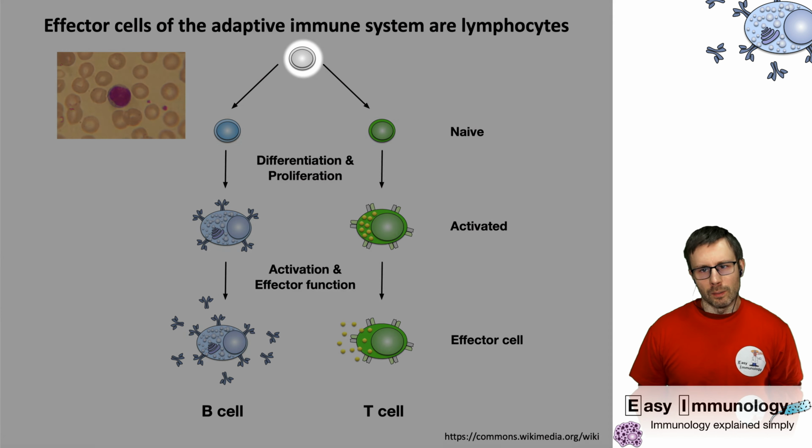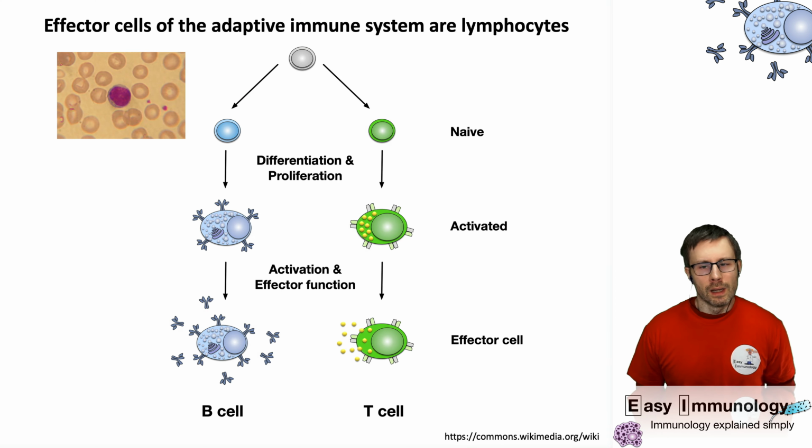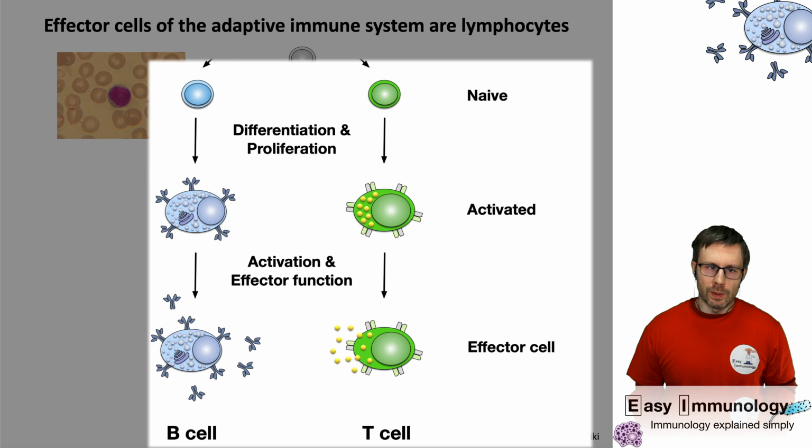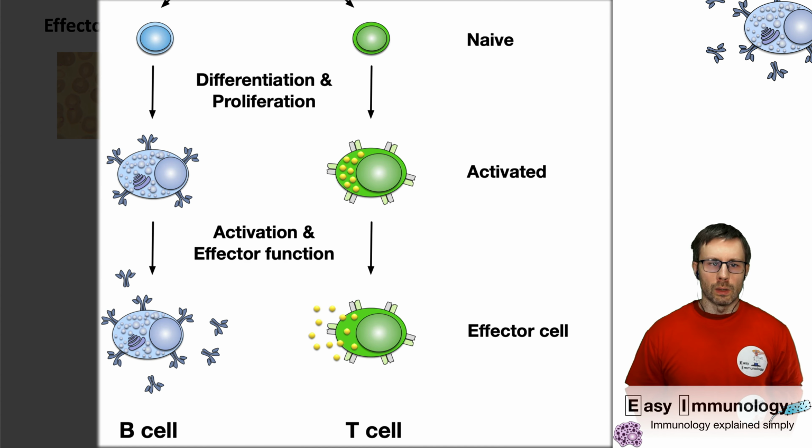We have the precursor cell, the gray cell, the lymphoid progenitor cell that develops into either a B cell, the blue part on the left, or a T cell, the green part. And we can differentiate between naive T cells and B cells. These are the small round cells that I showed you, and they are very hard to distinguish because there is not much to see.